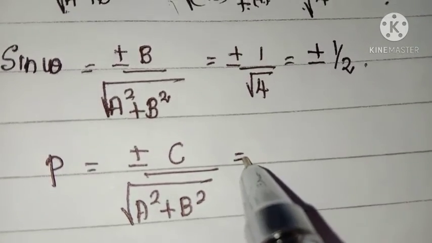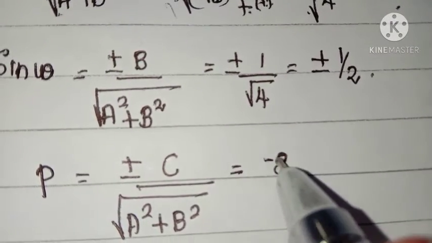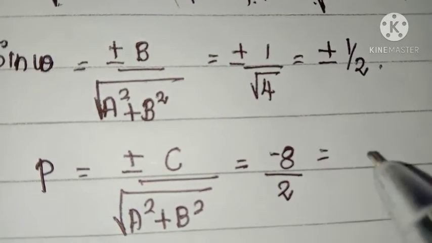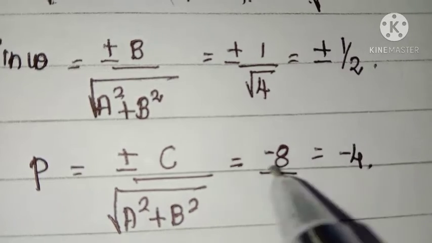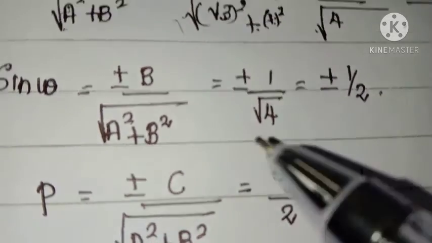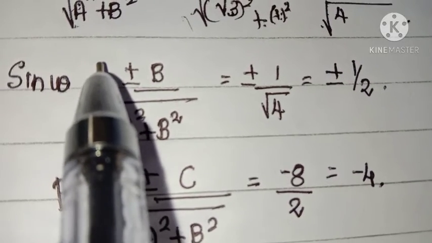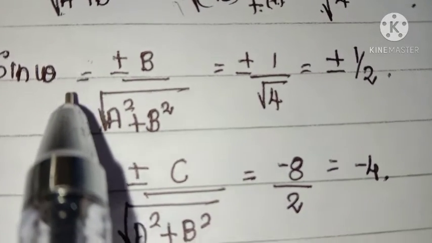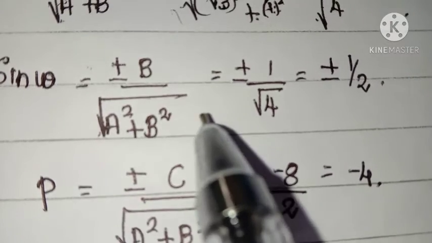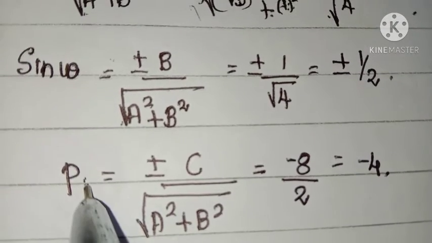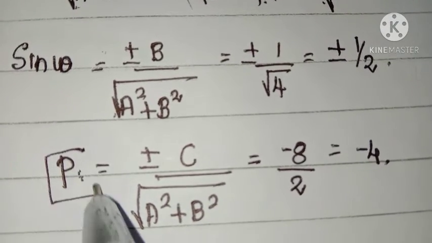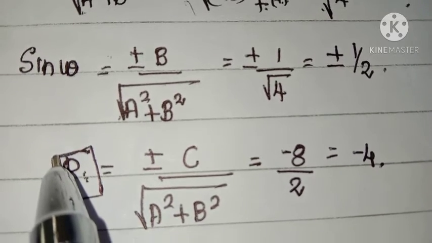C is the constant, minus 8. Minus 8 by 2 is minus 4. Now listen, this choice of plus sign or minus sign is made so that P should be positive, because it is a length and length is always positive.